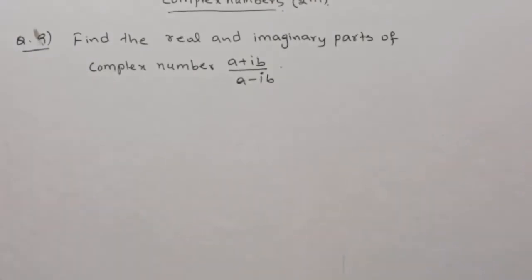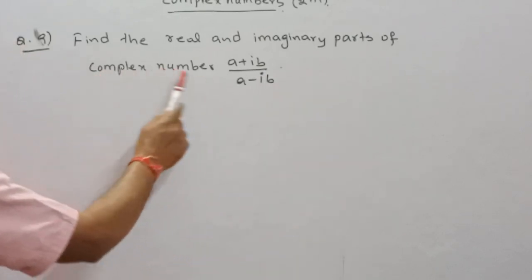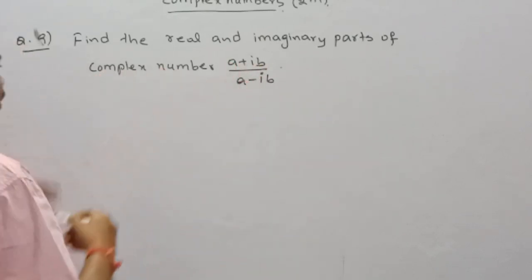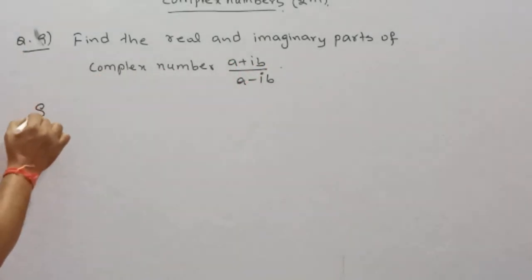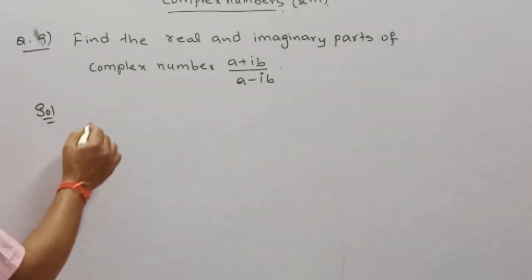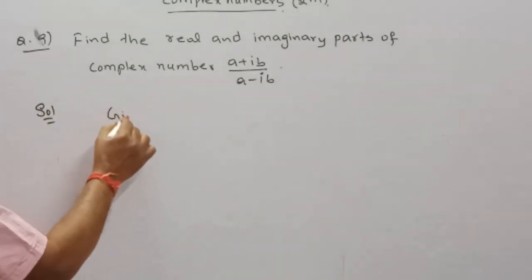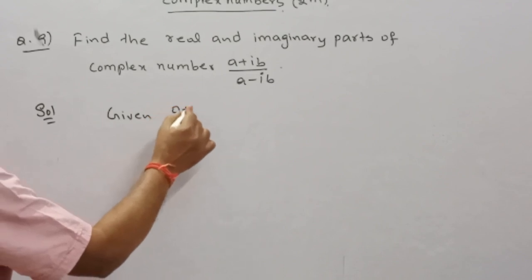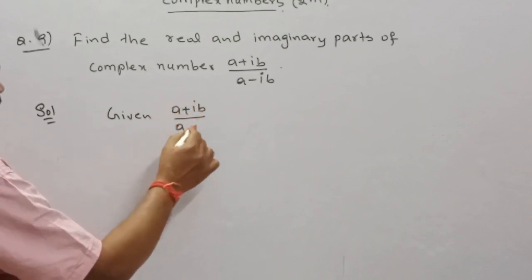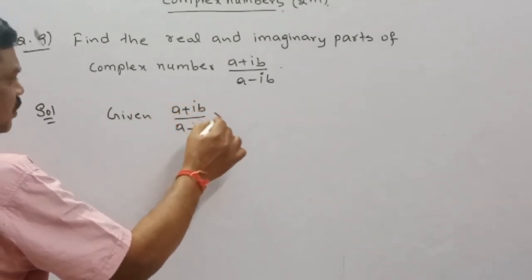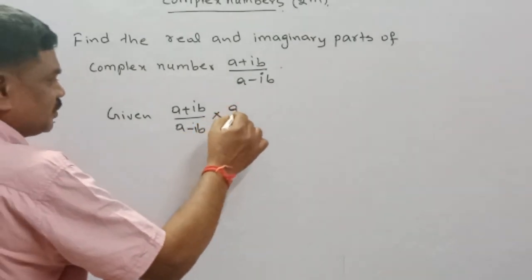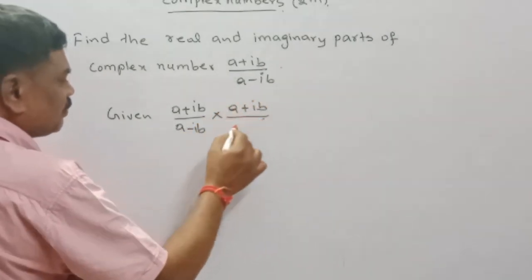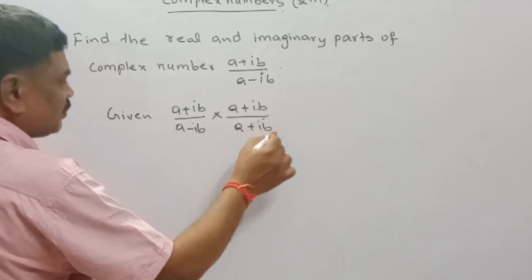Here we have one more problem. Find the real and imaginary parts of the complex number a plus ib by a minus ib. So here you see, given a plus ib by a minus ib. You can multiply and divide with a plus ib by a plus ib.